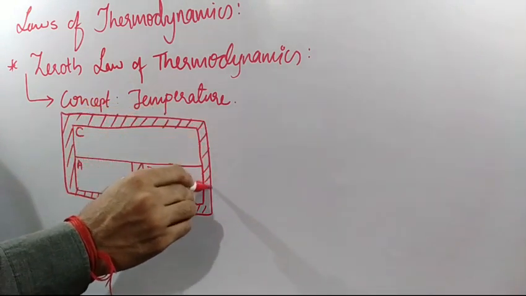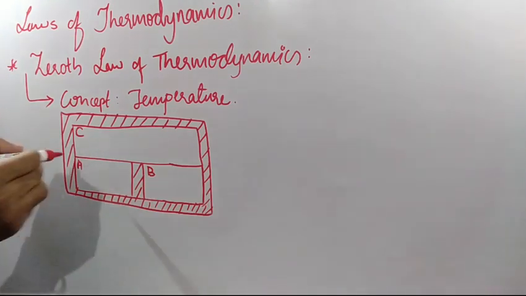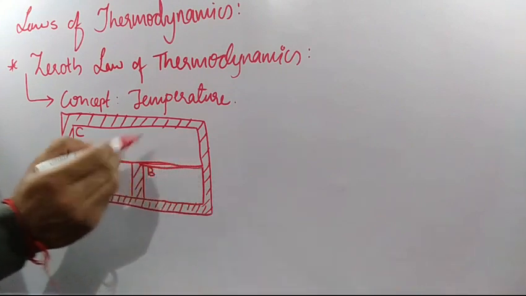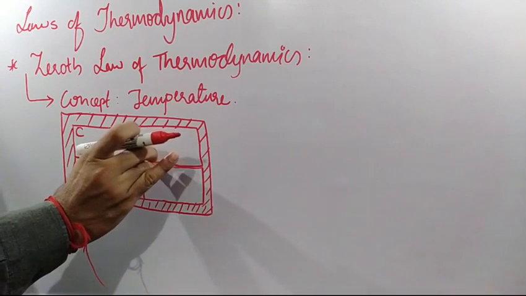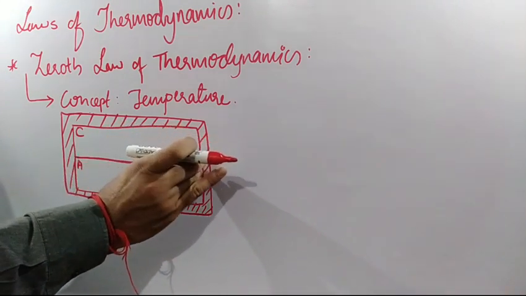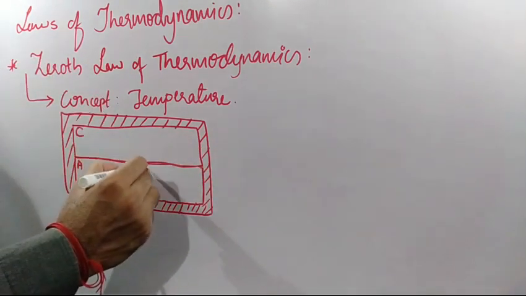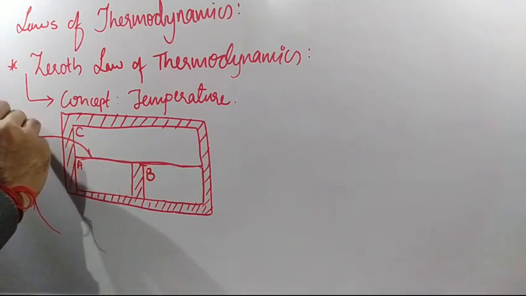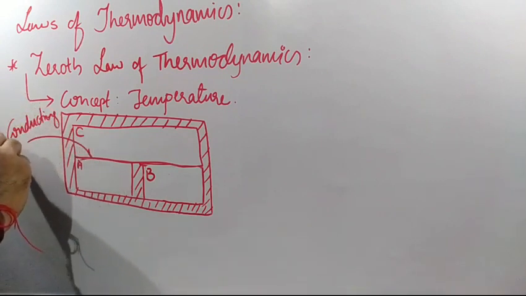Now the question arises: if these are all adiabatic walls, what is this wall? Can you see this line? This is a conducting wall, or diathermic wall.